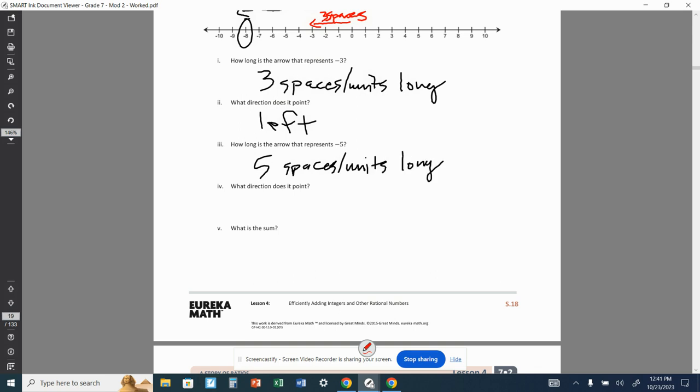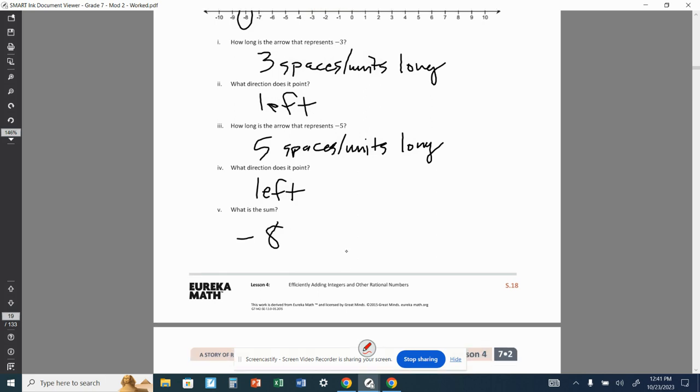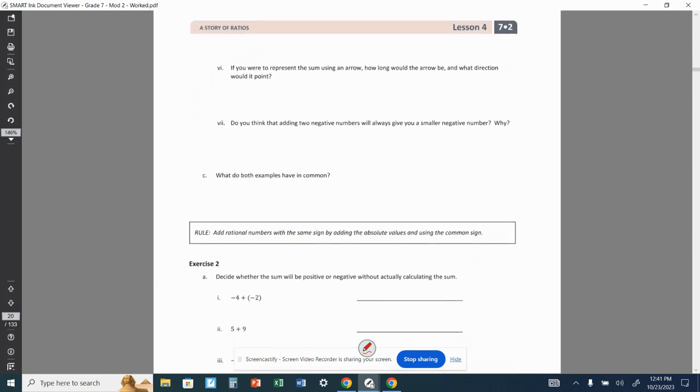And what does it point? It points to the left also because we're doing the plus a negative. So the things that don't match move to the left. What is the sum? The sum of that is -8. That's where we ended. If you were to represent the sum using an arrow, how long would the arrow be and in what direction? It would be 8 spaces or units to the left.